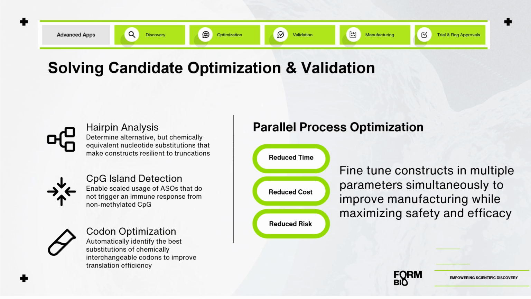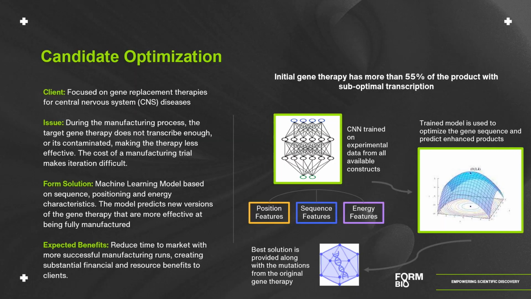So we have a convolutional neural network model, and our machine learning model is based on understanding the positioning of those different features, understanding the sequencing, and we also try to represent those sequences in 2D and 3D. So we try to understand the energy characteristics between them in order to build the model. And this model has been used by our customers to predict multiple constructs that are more effective at being fully manufactured.